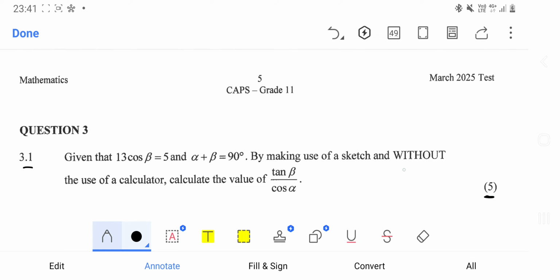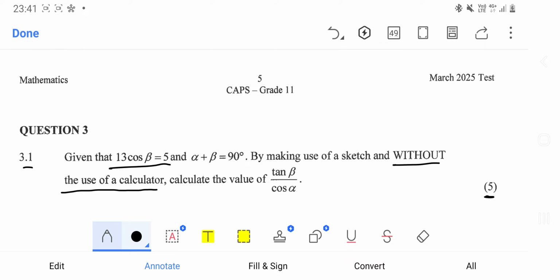So the minute they are saying without the use of a calculator, it means we have to express our solutions as fractions. Now we are given 13 cos β = 5.